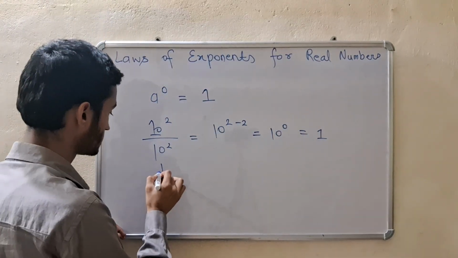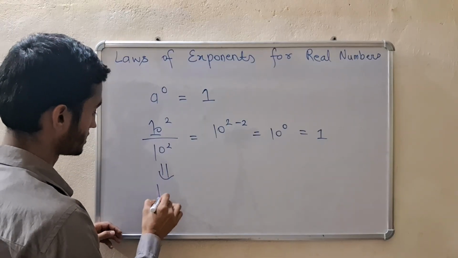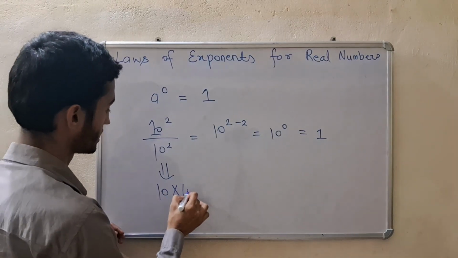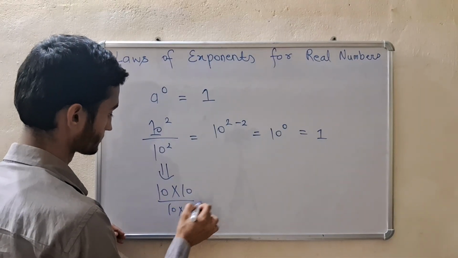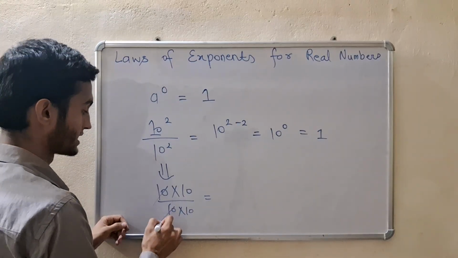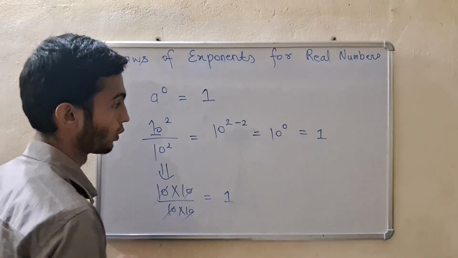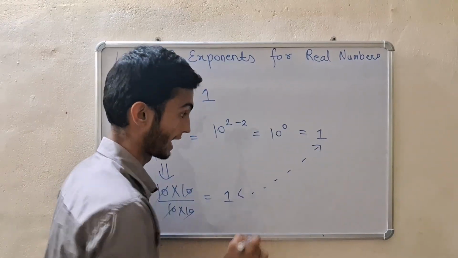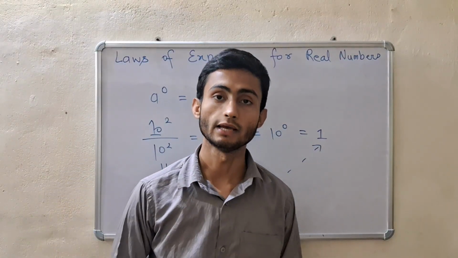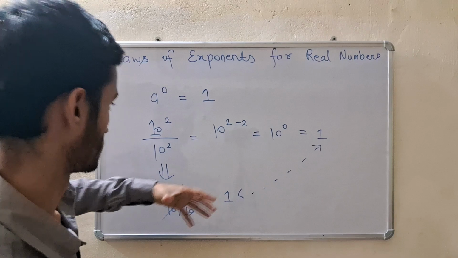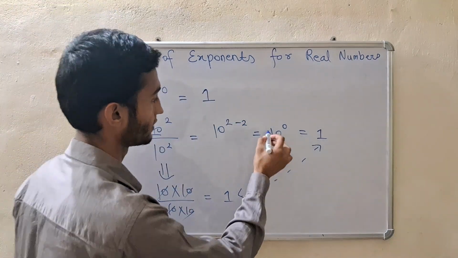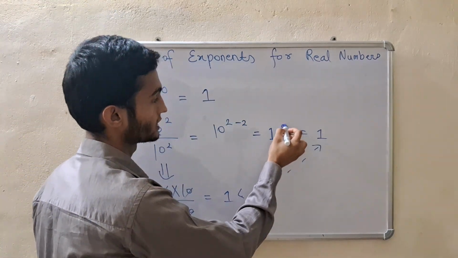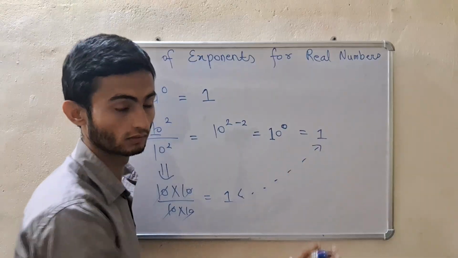But if you expand this expression like this, 10 times 10 upon 10 times 10, you can see that we cancel out all these 10s and we get 1 at last. So as you can see, these two results are the same, and they should have been the same as well. So that's why for any number, if the power is 0, the answer is 1, right?